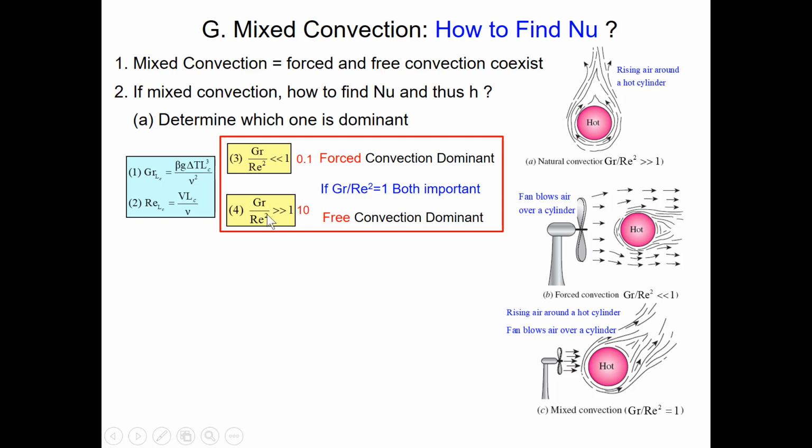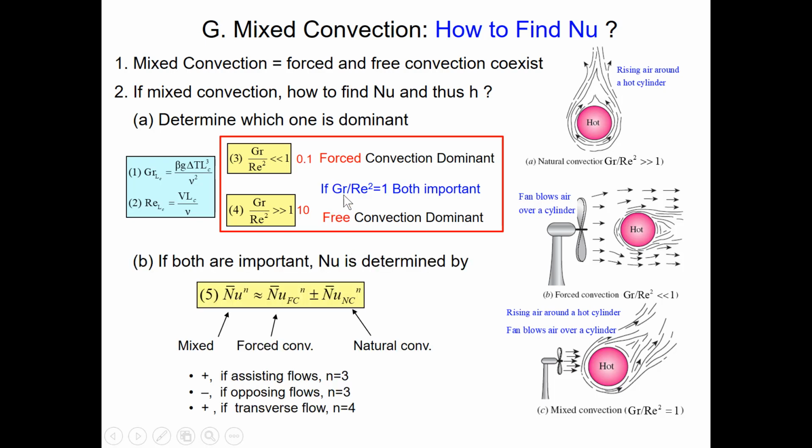If the ratio is much greater than 1, like 10, free convection is dominant. Then you treat it as a free convection problem. However, if the ratio is close to 1, both convections are important.